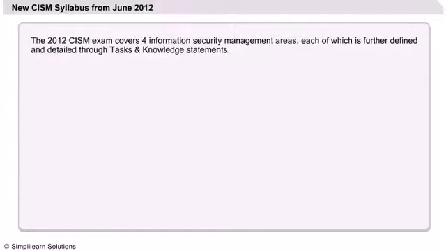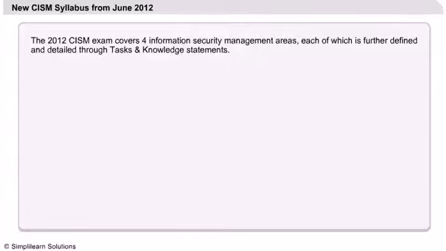This domain covers establishing and managing the information security program in alignment with the information security strategy. Domain 4, Information Security Incident Management, 18%. This is the last domain and it focuses on planning, establishment and management of the capability to detect, investigate, respond to and recover from information security incidents to minimize business impact.